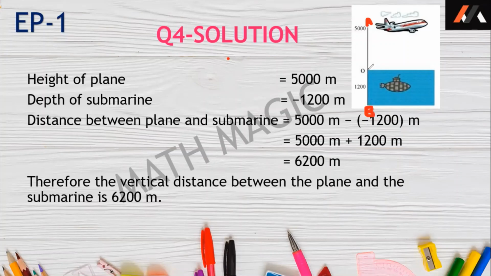In such a situation, OA is 5,000 and OB is 1,200. So the vertical distance between A and B, that is the plane and the submarine, will be the straight line AB, which is equal to OA plus OB, that is 5,000 plus 1,200. We will get the answer to be 6,200 meters.